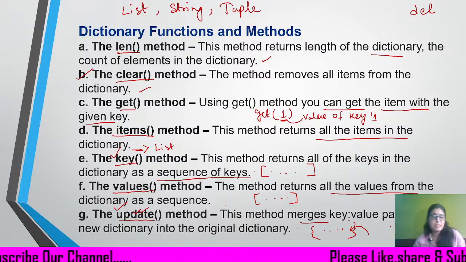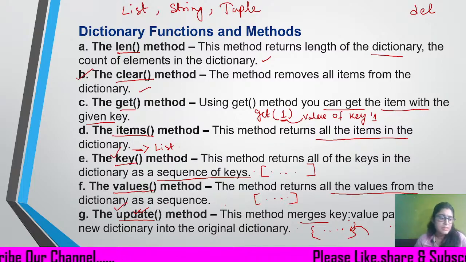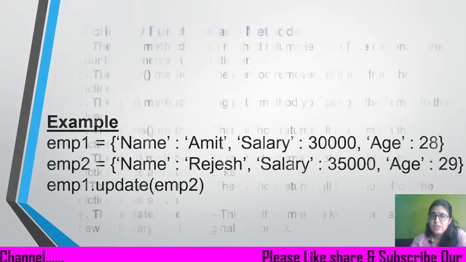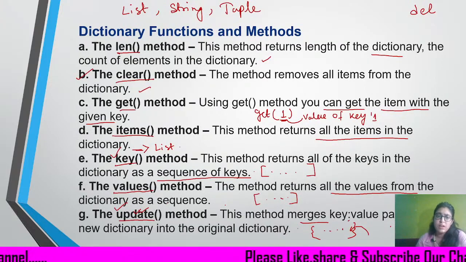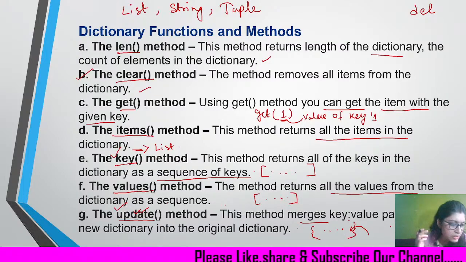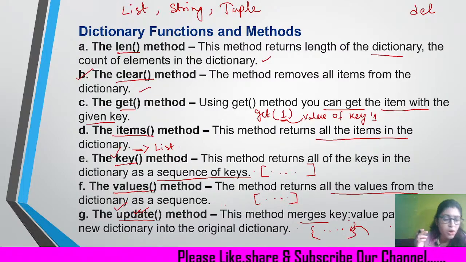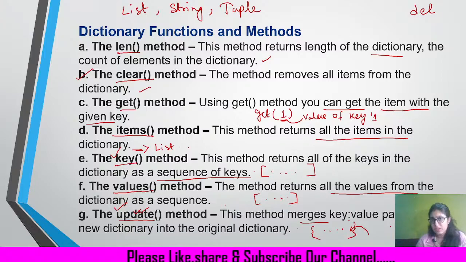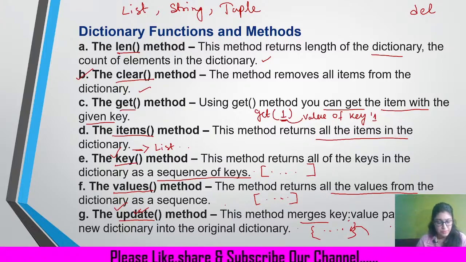That is the main concept of update. I hope all of this is clear to you, and that you have an idea of how the dictionary functions work and how they return a particular value to the programmer.